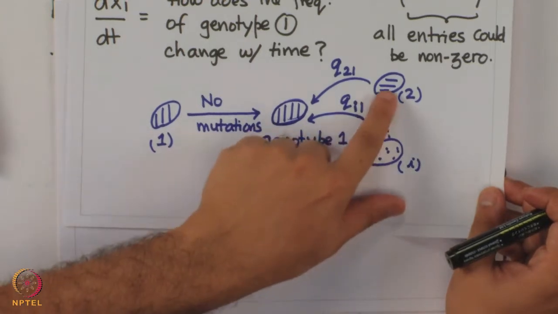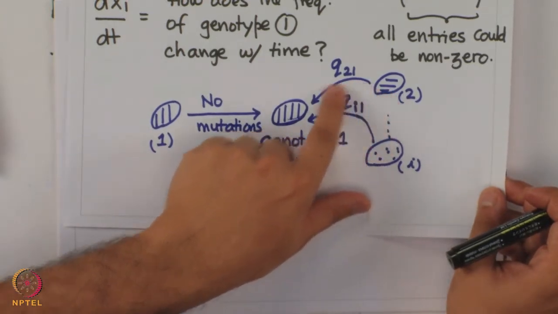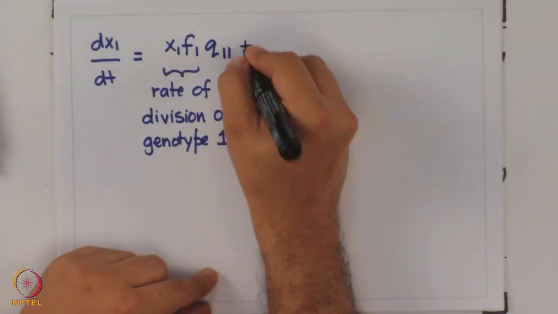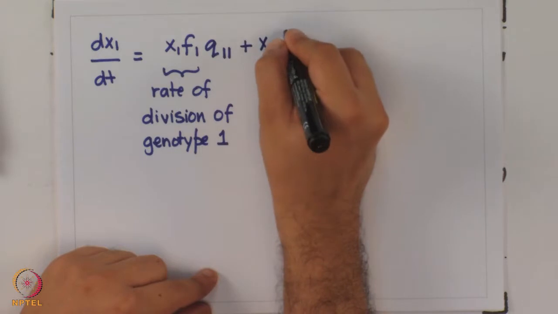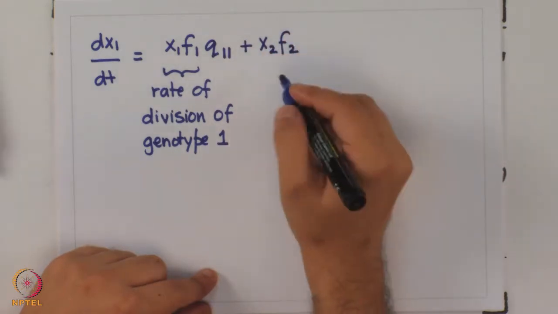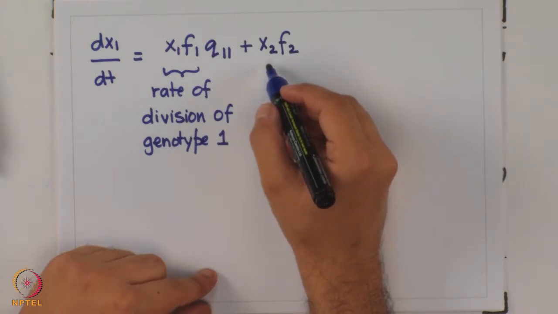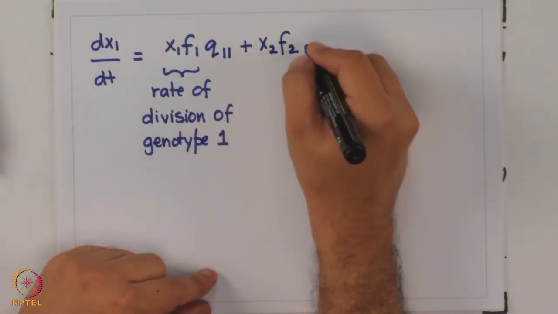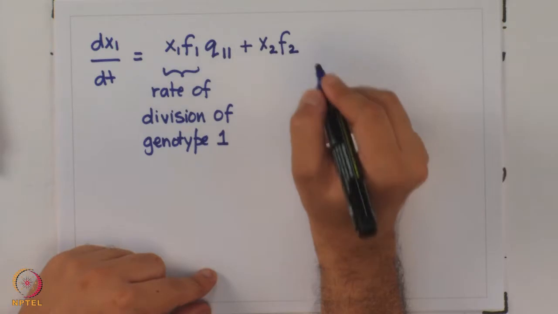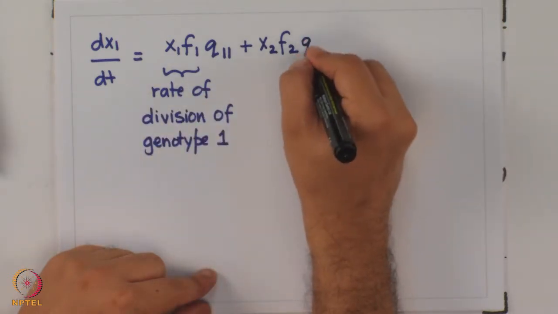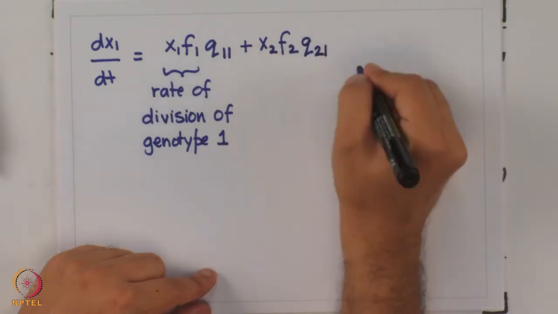Let us now do the same for the second one, which gives me x2 f2. These are the division events that are happening per unit time for the individuals which belong to genotype 2, but I am only interested in those events which give rise to a progeny which belongs to genotype 1, hence this will be multiplied by q21.